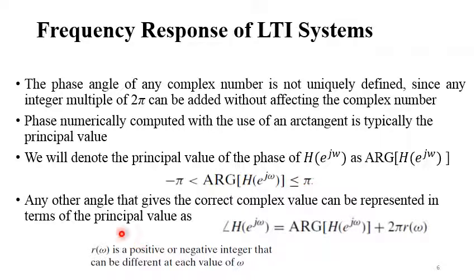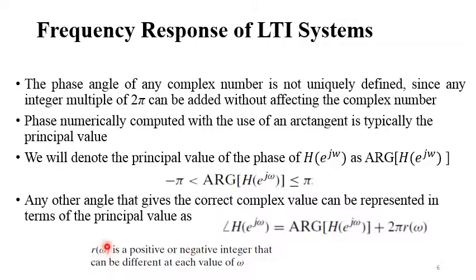So any other angle that gives the correct complex value can be represented in terms of the principal value as: the argument or angle of H of e to the j omega equals the principal value plus 2 pi r of omega. You understand, r is a function of omega, and r of omega can be a positive or negative integer that can be different at each value of omega.